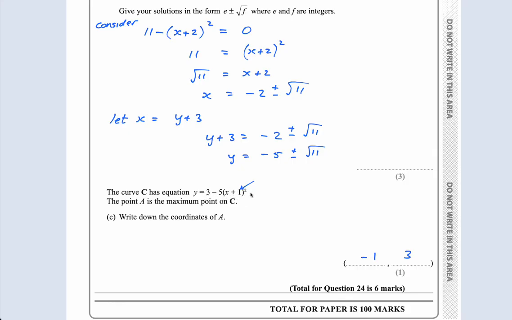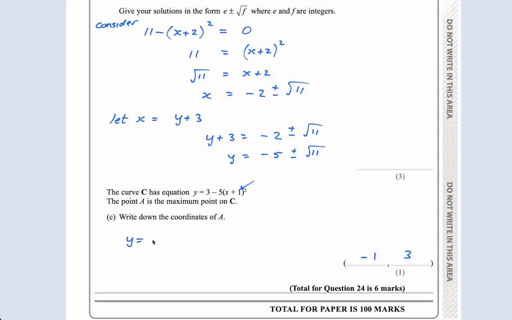Well, I need to remove this whole part because I'm subtracting it. How do I remove it? Well, if I make x minus 1, it becomes 0. Minus 1 plus 1 is 0. And if this bit does become 0, what am I left with? 3. Hence, that's the maximum value of y. So it's (minus 1, 3).